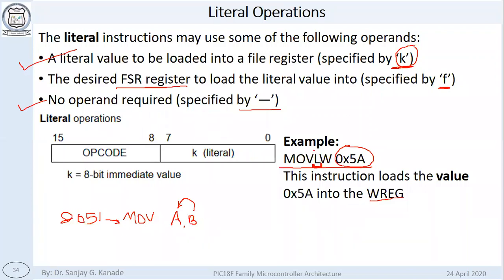First the source is always given, and then the destination is always given. So remember, MOVLW is going to copy the contents L to W. Now remember what I'm saying, contents directly, that is a value. It is not an F, it is not the register. This is not the address of any register.